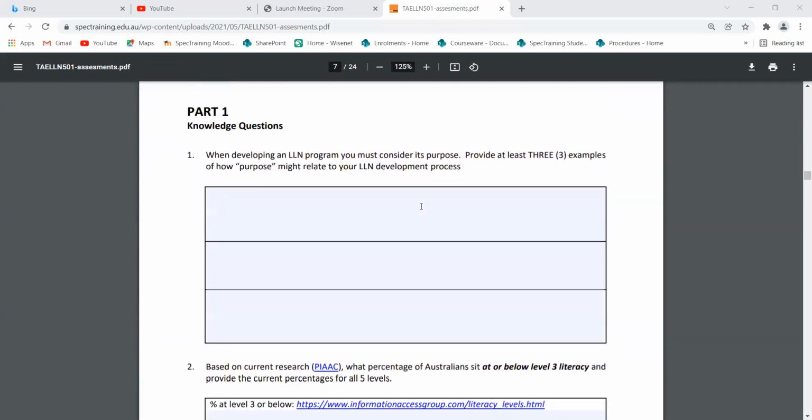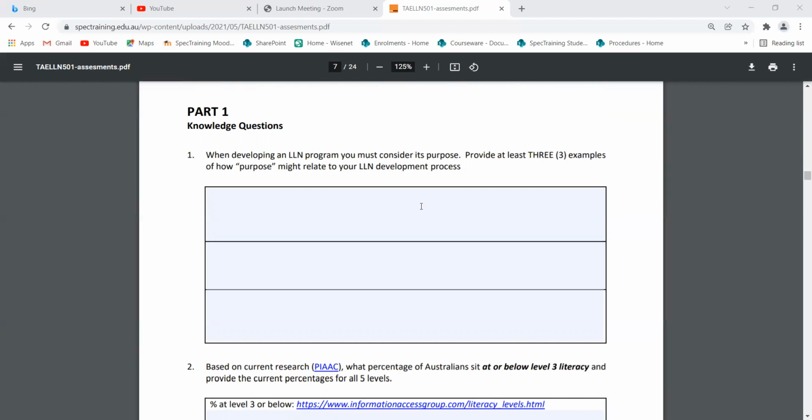So knowledge question one: when developing an LN program, you must consider its purpose. Provide at least 3 examples of how purpose might relate to the LN development process. Essentially, this is thinking about if you are working with a student and you're putting together a program, how would you make sure that you had clear objectives and purpose behind everything that you did?